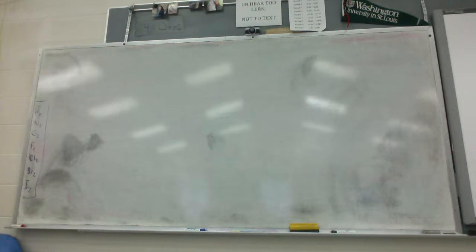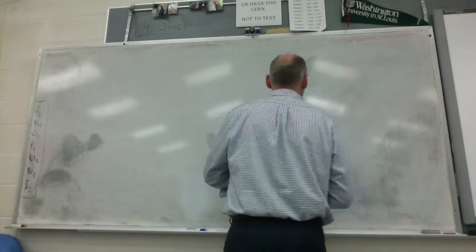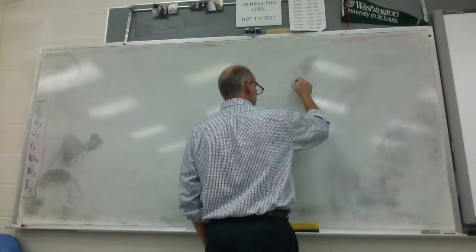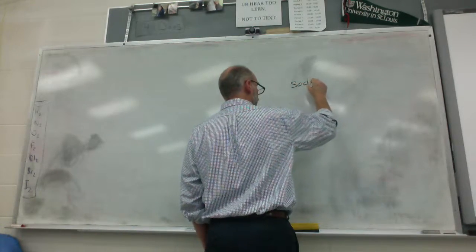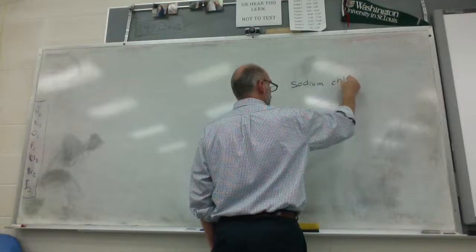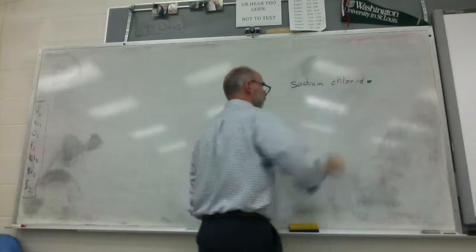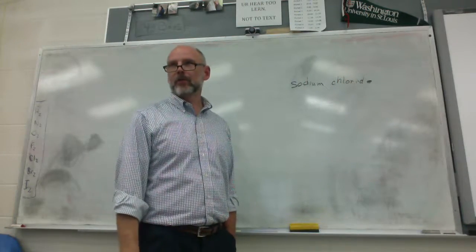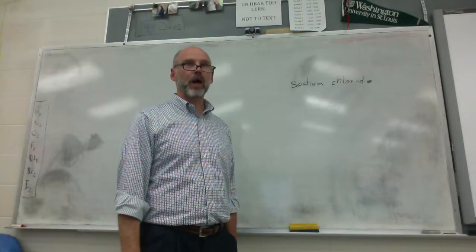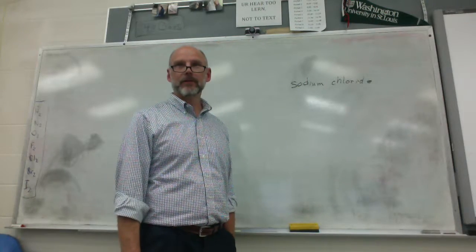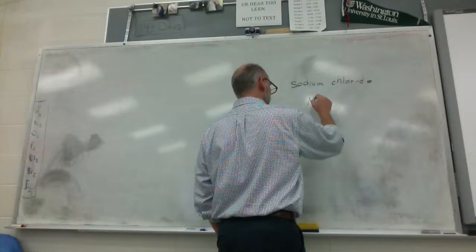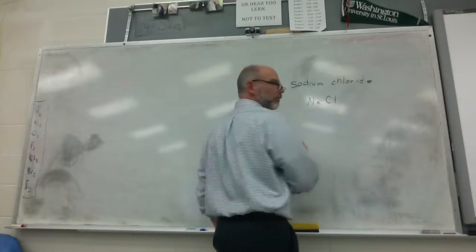We're going to use prefixes to determine how many of each element. Now, with the ionic compounds, go write this down. Anyone want to take a stab as to what the formula for sodium chloride might be? NaCl.